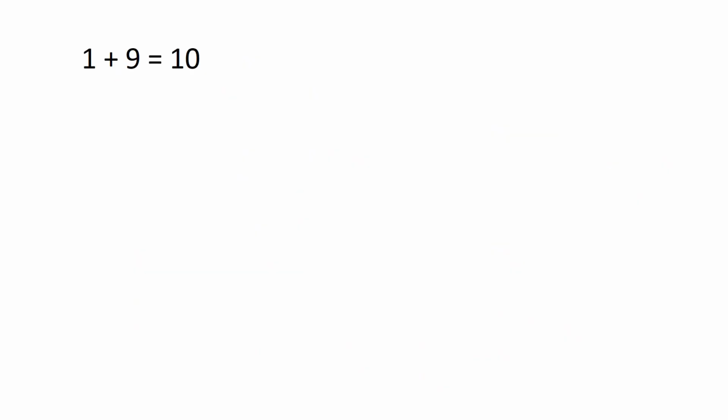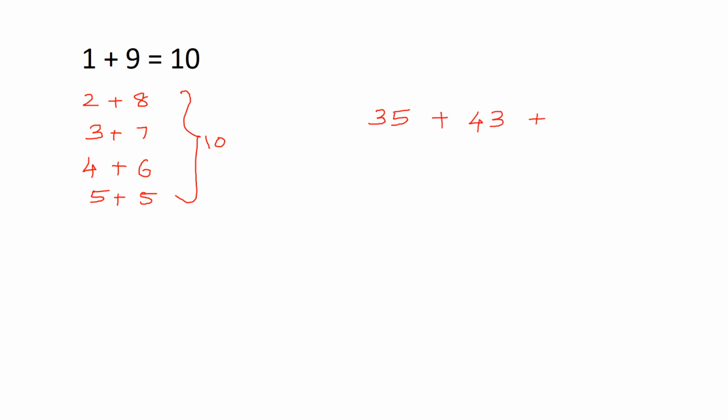Before going there, let me tell you. In the same case, we have seen that 2 plus 8, 3 plus 7, 4 plus 6, 5 plus 5, all these add up to 10. These are the things that add up to 10. Now if I give a number as 35 plus 43 plus 27, I am asking you to add.